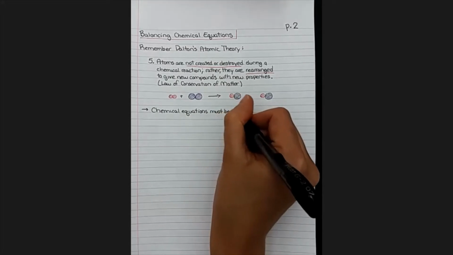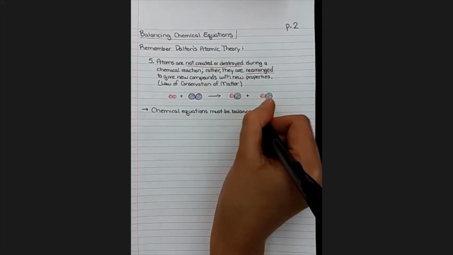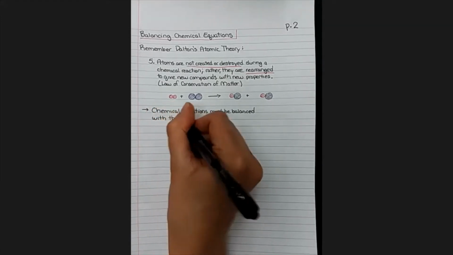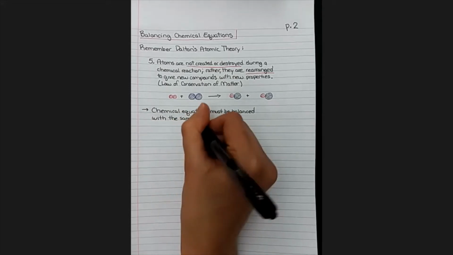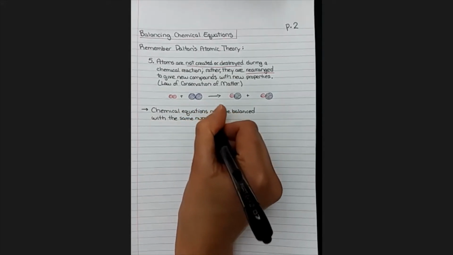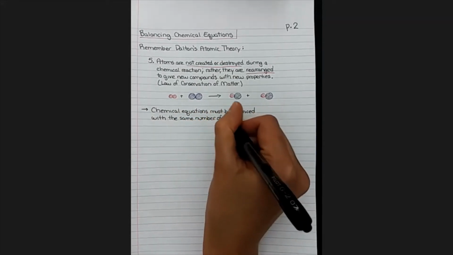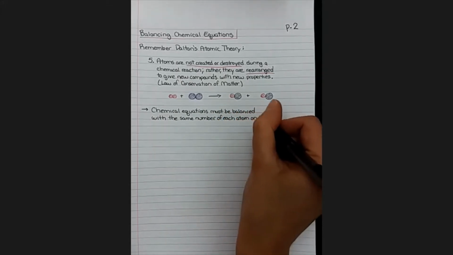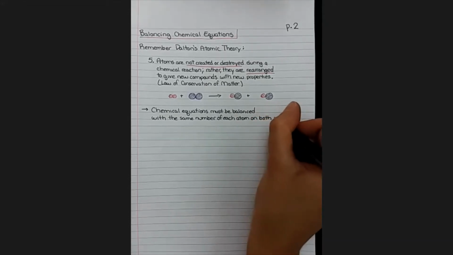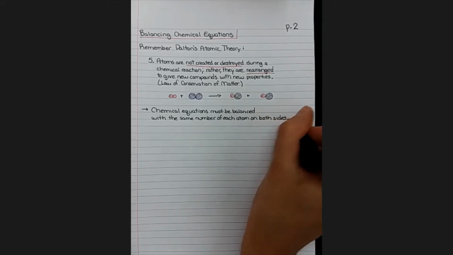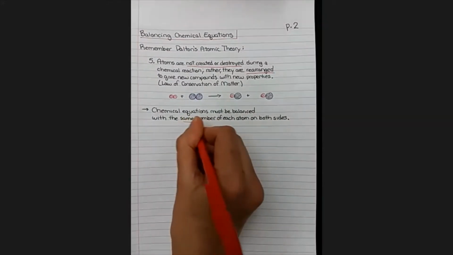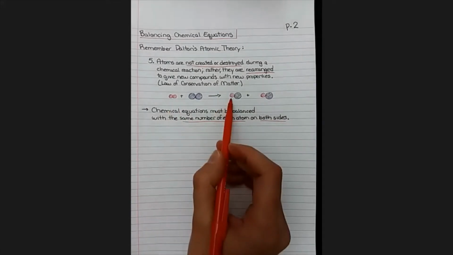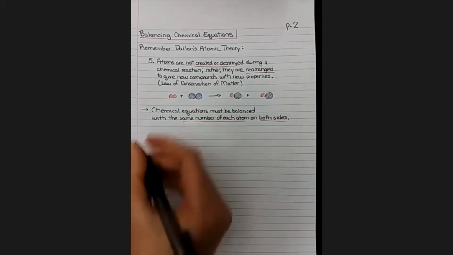So chemical equations must be balanced, meaning they have the same number of each atom on both sides. So same number of every type of atom on both sides. Here that's like having 2 red atoms on each side and 2 blue atoms on each side.